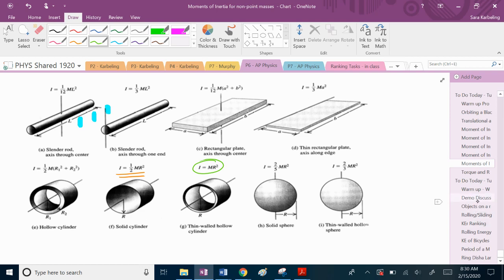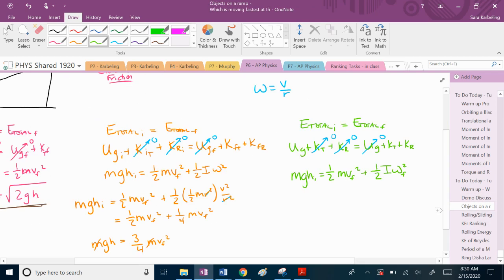And so let's go back to our situation over here. We've got mgh is equal to 1/2 mv final squared plus 1/2 times mr squared, and then just like over here, omega squared is v squared over r squared. The r's are going to go away.